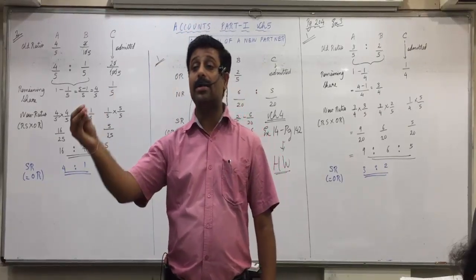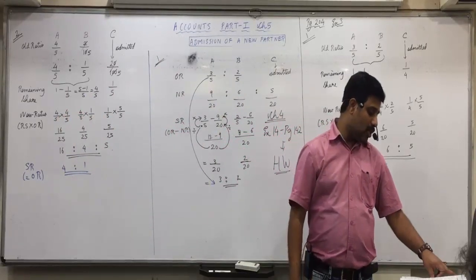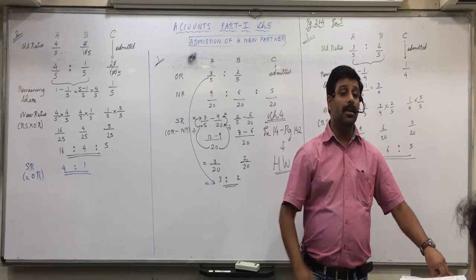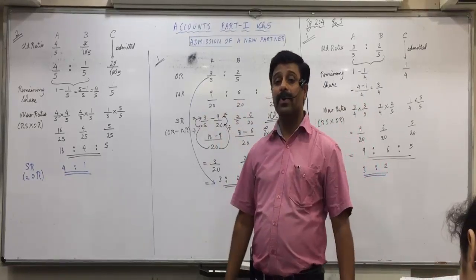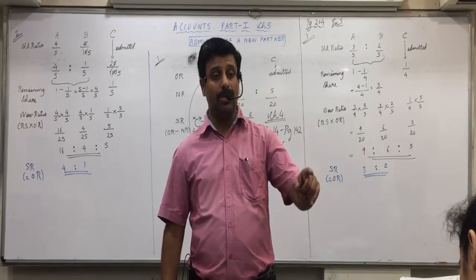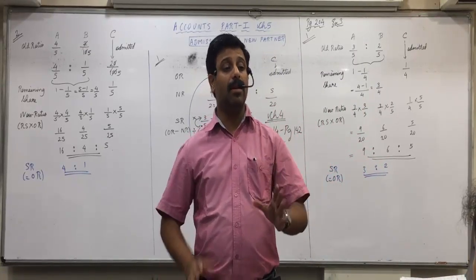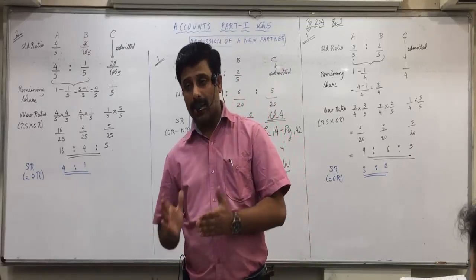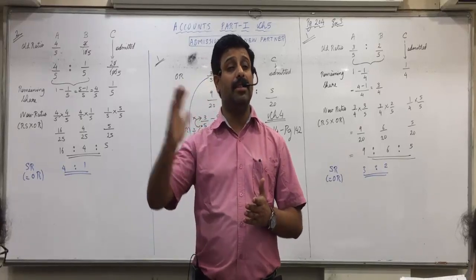First you transfer to workers claim 5,000, and then to Dattu's capital account, Daya's capital account, 18,000 in the ratio of 4:3:2. In the textbook, when you do an illustration of this kind, they have simply done workmen compensation fund 18,000 to partners capital 18,000. But you do it the way I am saying, it will help us in chapters 5 and 6.